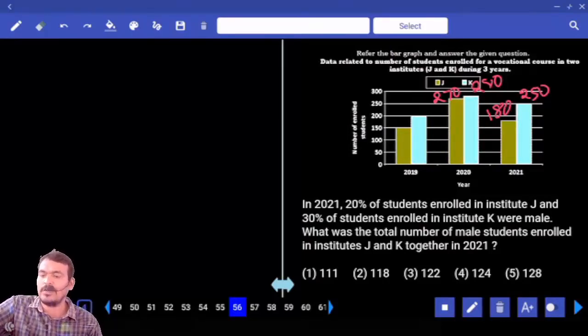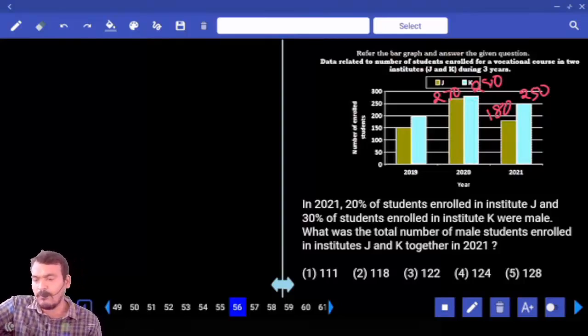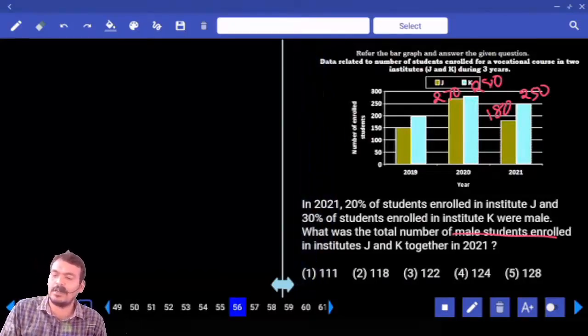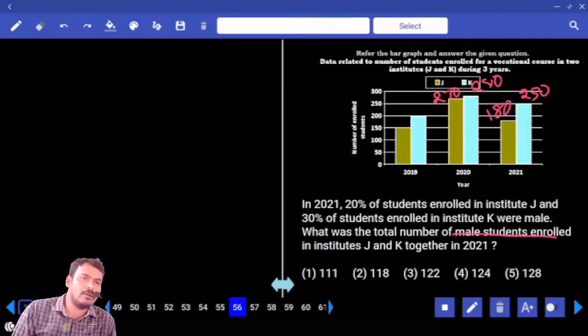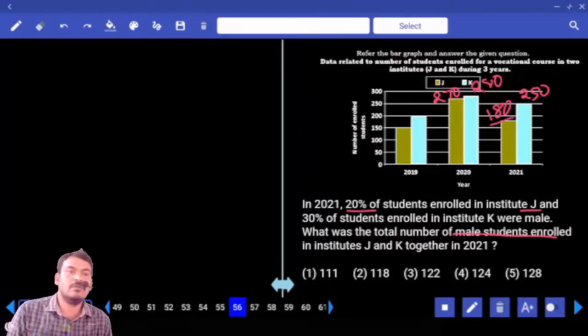In 2021, 20% of the students enrolled in institution J and 30% of the students enrolled in institution K were males. What was the total number of male students enrolled in institutions J and K together in 2021? We require only the male value. 20% of the J value in 2021. What is the J value in 2021? 180.